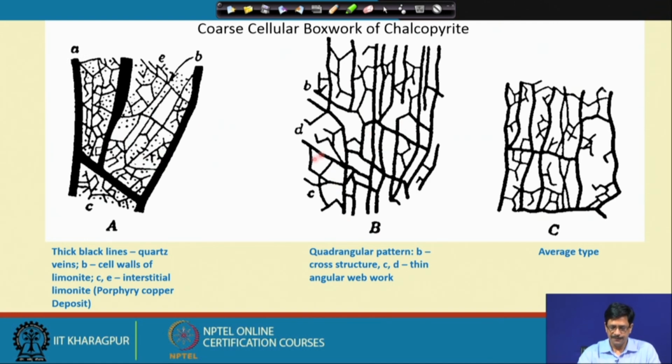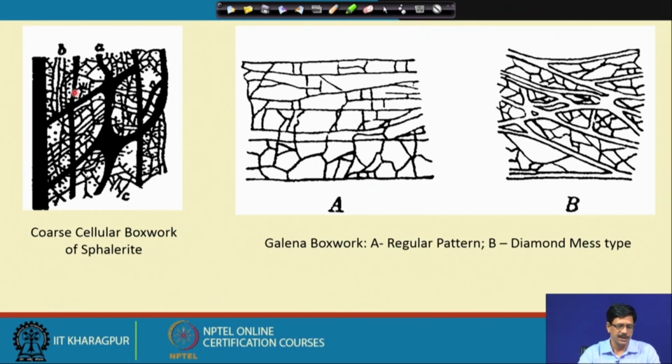And this pattern has come from a quadrangular pattern where there is some cross structure and thin angular wave work. So, these are actually indications of what kind of ore body could be expected below, whether it is a chalcopyrite rich ore body, or, similarly, we see that this is the kind of boxwork which is created if there is a sphalerite rich ore body, because of sphalerite's morphology, its crystal habit and the way it forms in the fracture spaces in the deposit.